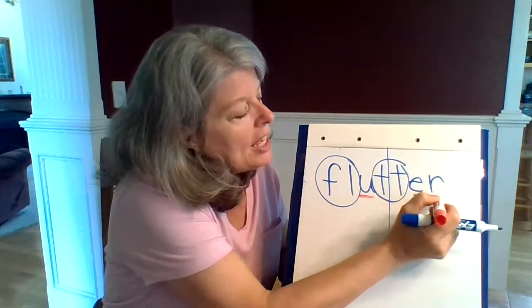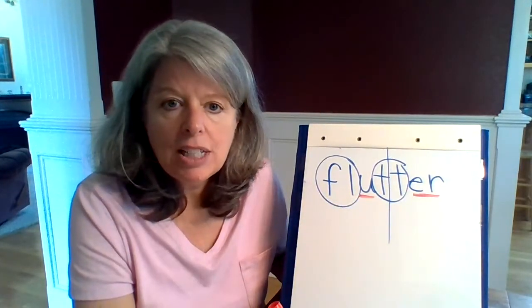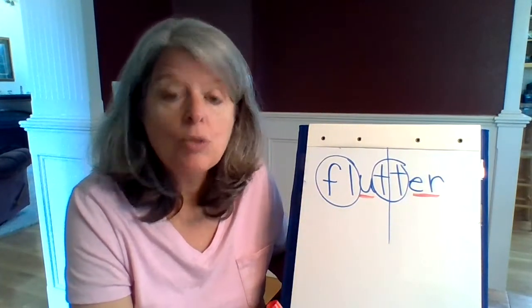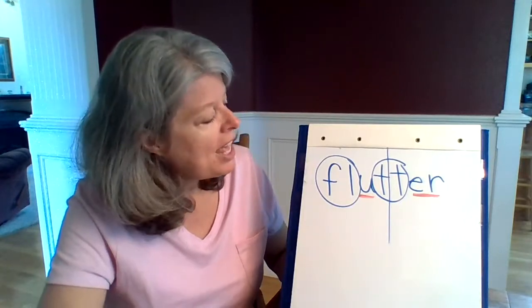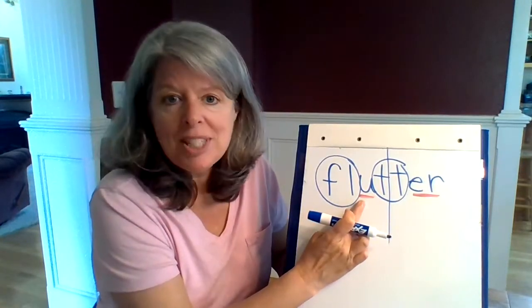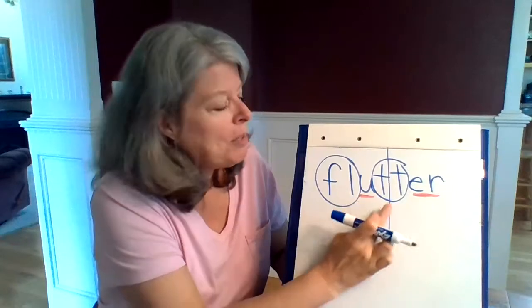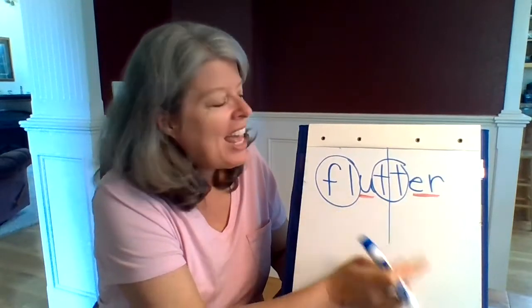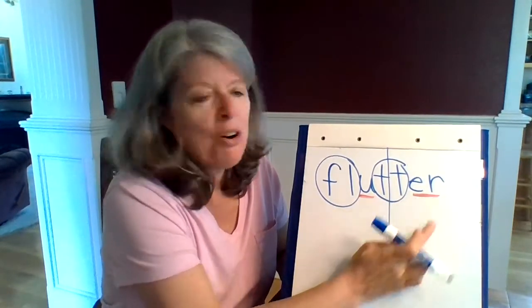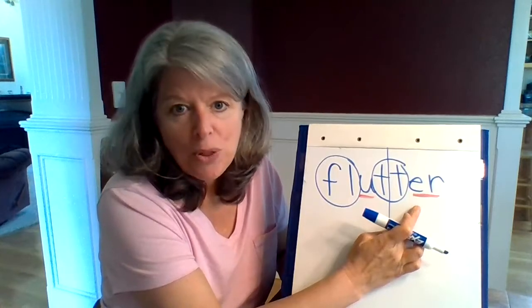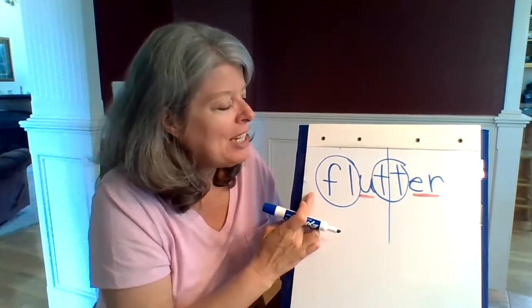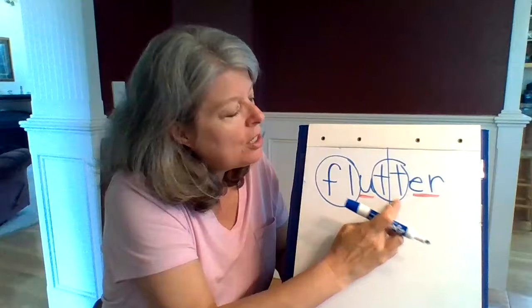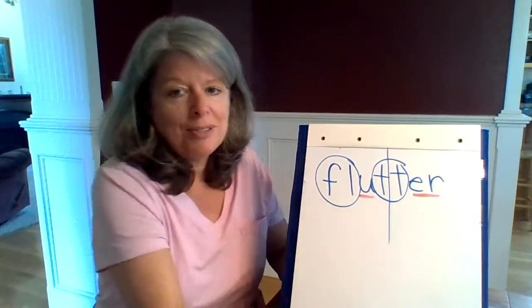U. E-R is a vowel combination. It's the bossy R or R-controlled vowel. And in the first syllable, you will say u because it's followed by a consonant. And in the second syllable, E-R says er, the bossy R. Let's read each syllable. Flutter, flutter.